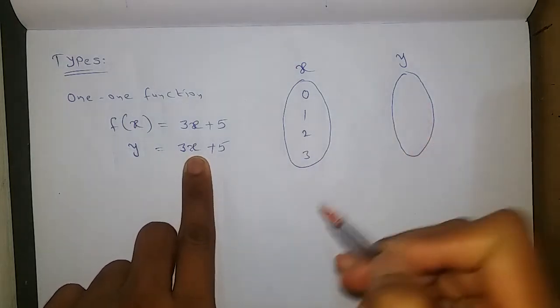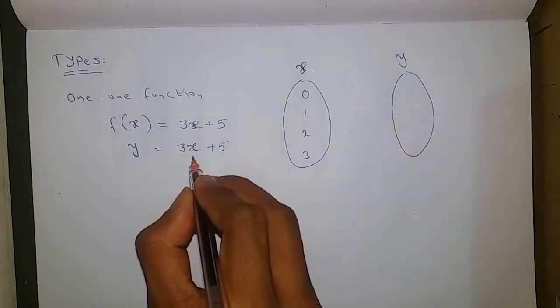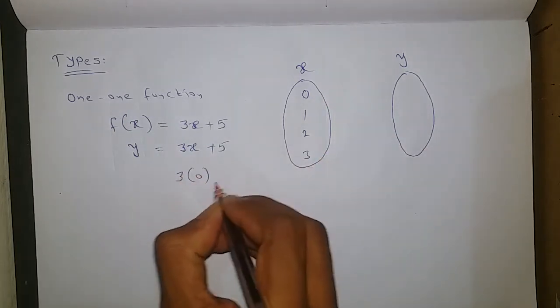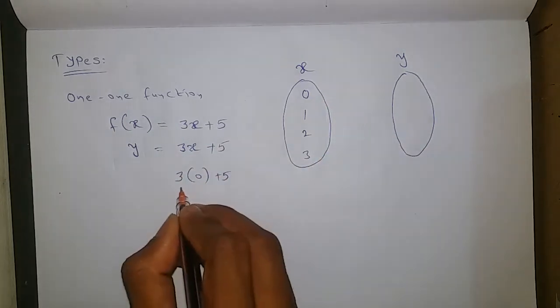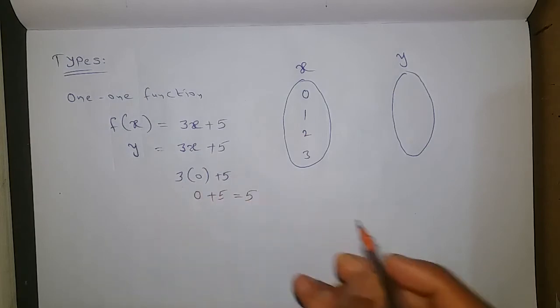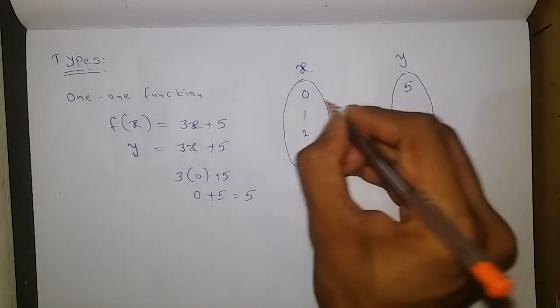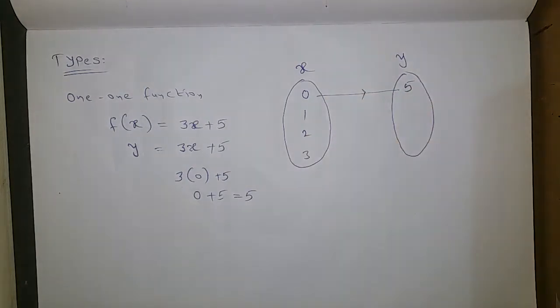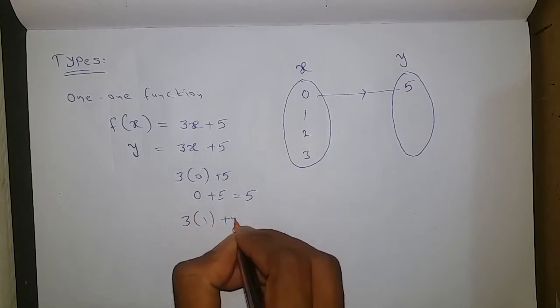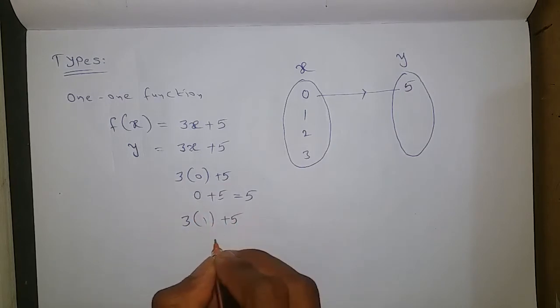Now what will we get for y? In the place of x, first I will substitute 0. 3 into 0 plus 5. 3 into 0, 0. 0 plus 5, 5. So we got output as 5. Next, I will substitute 1. 3 into 1 plus 5. 3 ones are 3 plus 5, 8.